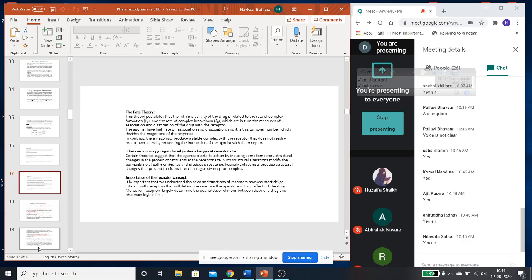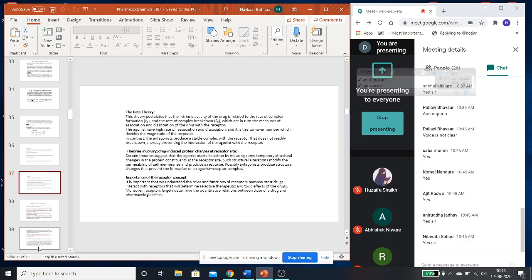After a few slides we will go to some graphs which explain this drug response concept. These graphs will help us understand everything about agonist, antagonist, potency, efficacy, and we shall see them later.